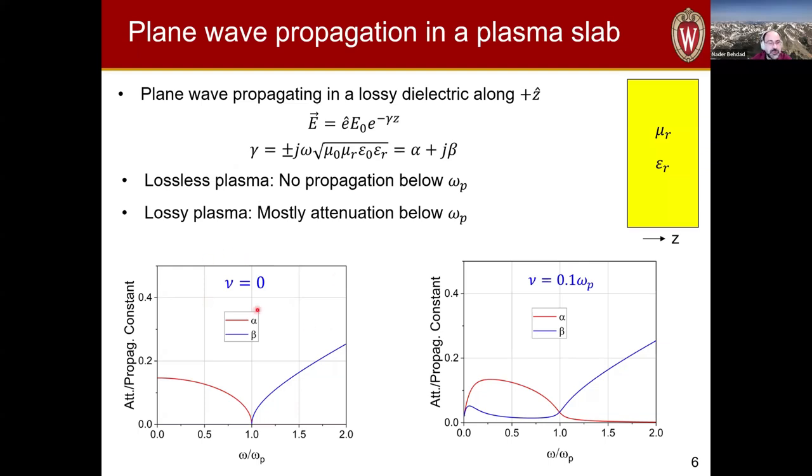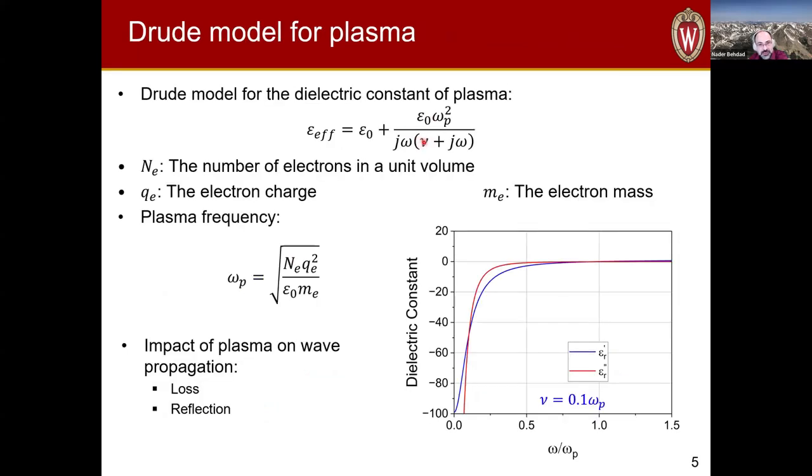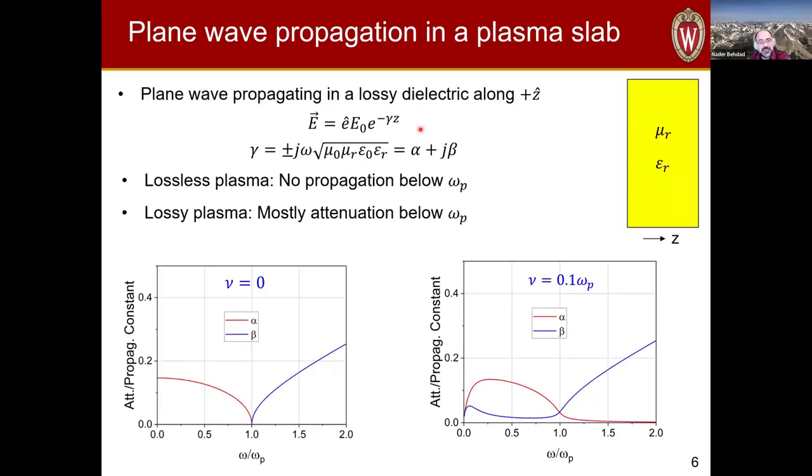Here I've done it for a lossless plasma, a plasma where, in this equation, nu is equal to 0. So the dielectric constant is a real number. It's either a negative real number or a positive real number. On the horizontal axis we have frequency normalized to the plasma frequency.